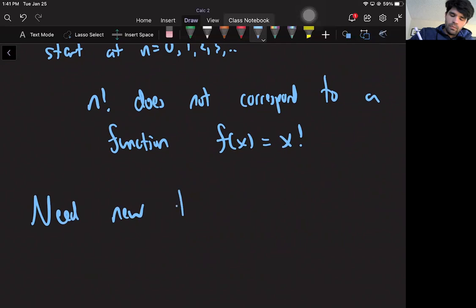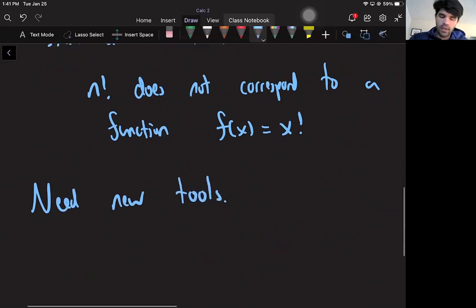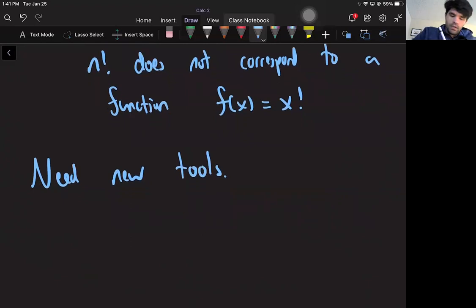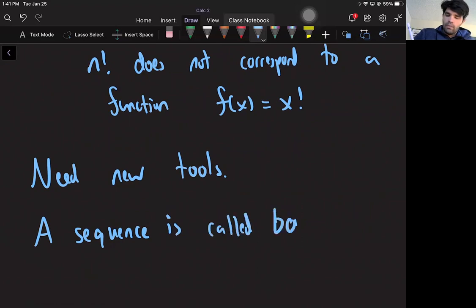And it really just comes down to defining new things that show up. So the first thing is this: a sequence is called bounded above.